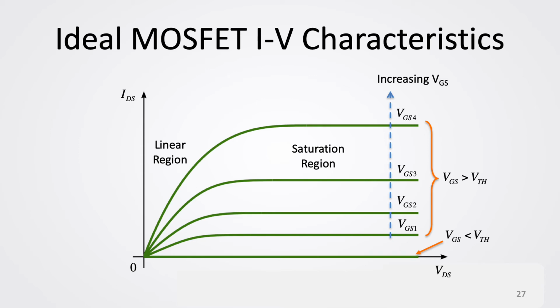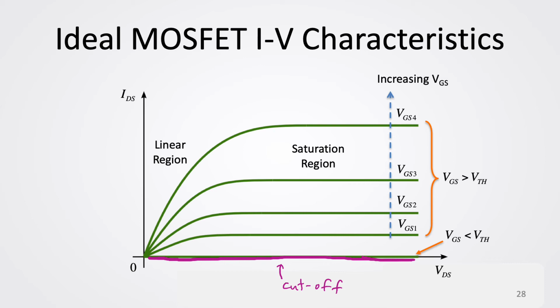Okay, so this is the one that's synonymous to the IC versus VCE curve in BJTs. So in this plot, shown here is the drain current with respect to VDS for increasing VGS value. So VGS4 is greater than VGS3, is greater than VGS2, is greater than VGS1. Now, this region here, where VGS is still less than VTH, so that the drain current is effectively zero, is the cutoff region for this plot here.